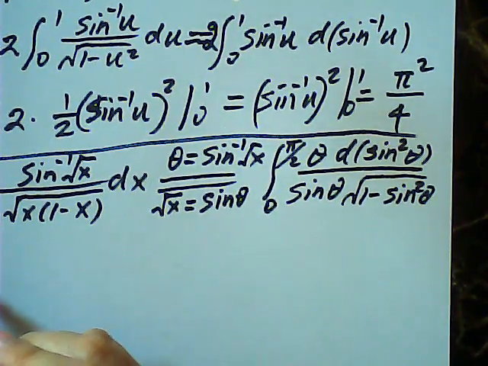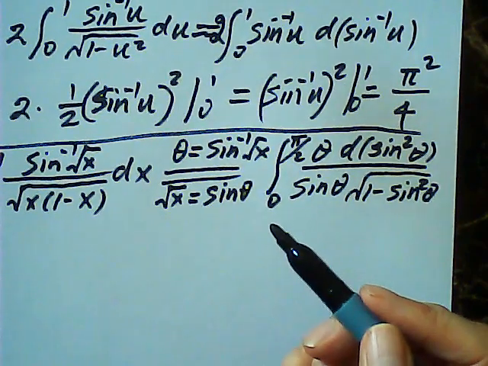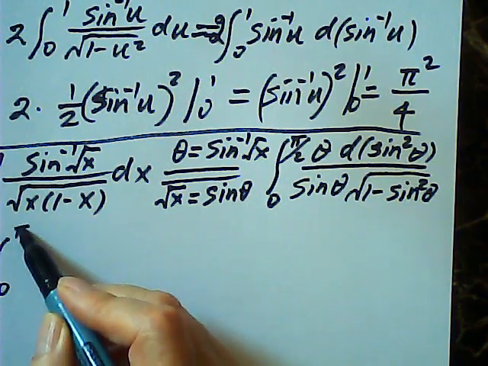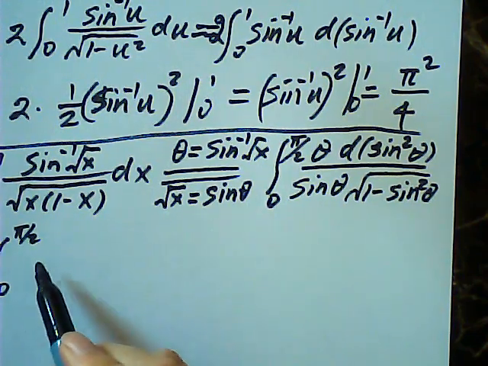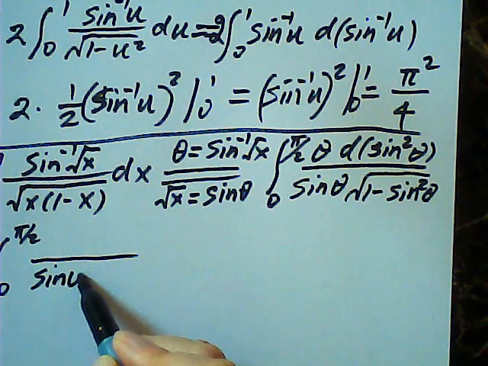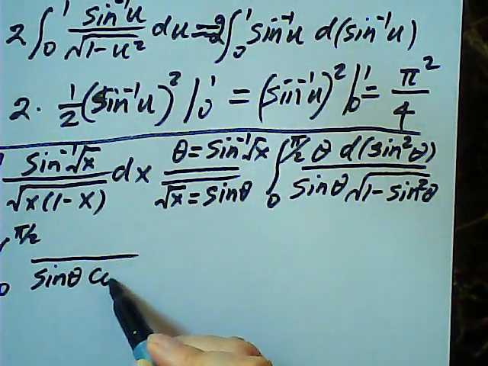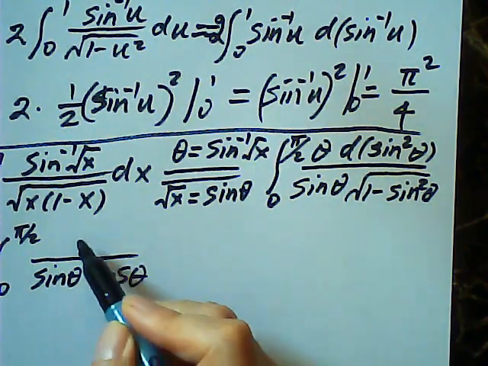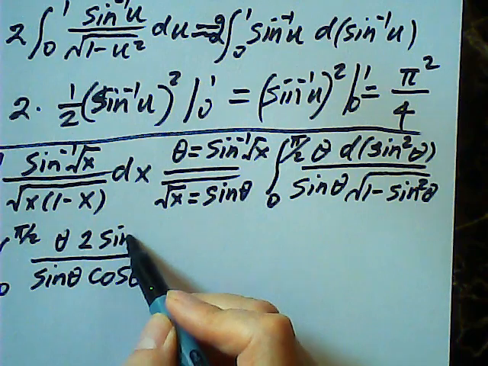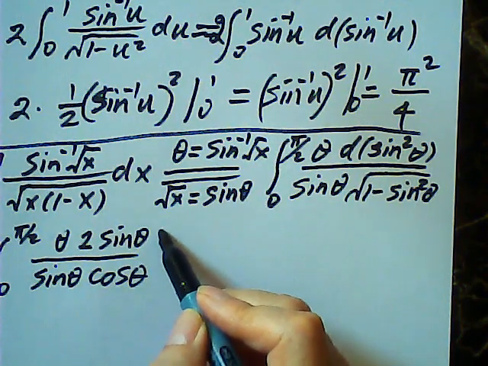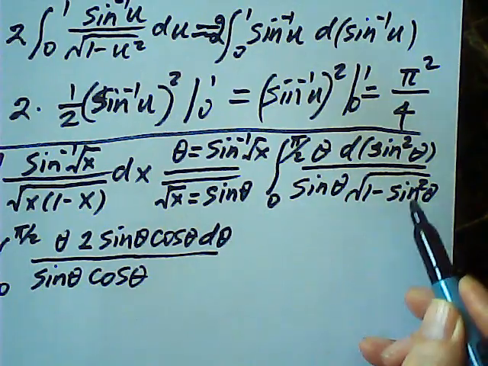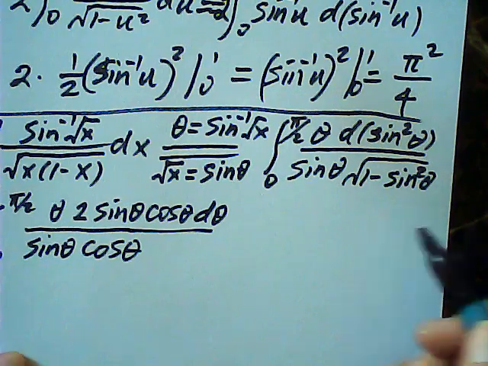Okay, then this is equal to from 0 to half pi. This is sine, right? This is cosine. This is theta. This is 2 sine theta cosine theta, d theta. That is d sine squared theta.